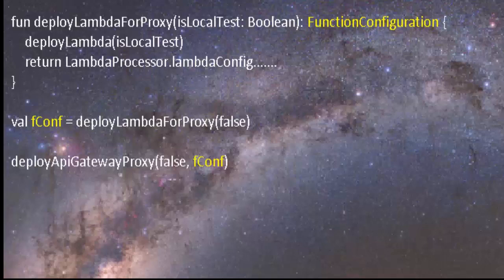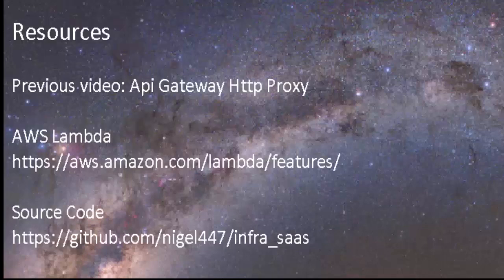So we pass the Lambda function configuration data into the code. The advantage of this is that it allows us to spin everything up that's involved with the test, the Lambda function and the API Gateway, and then tear it down. Now we're in a position to run the test first against Localstack, get all the bugs out, and then run it on AWS.